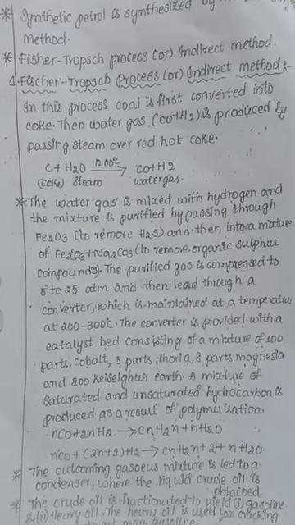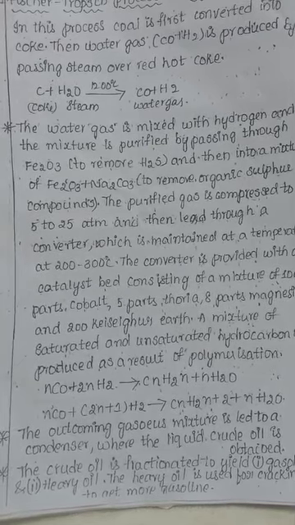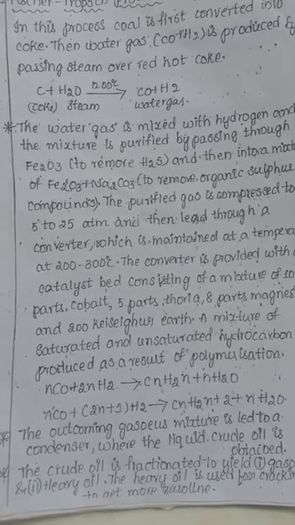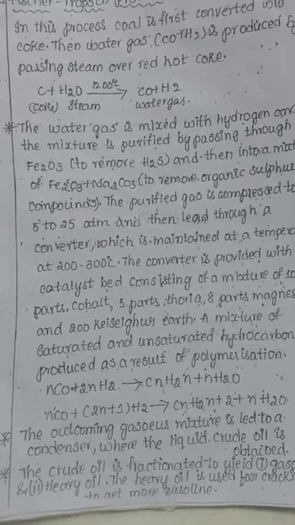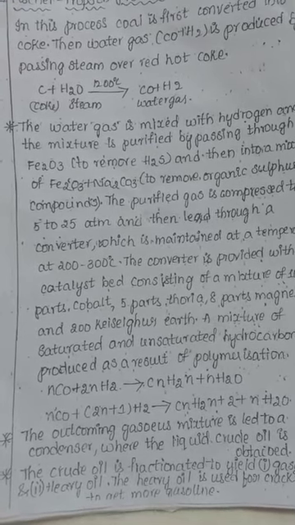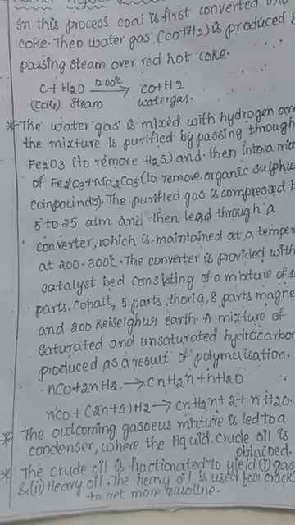The outcoming gaseous mixture is led to the condenser. From the condenser, the liquid crude oil is obtained.